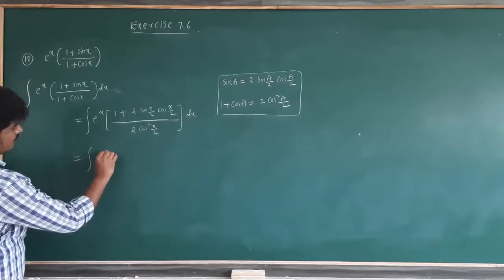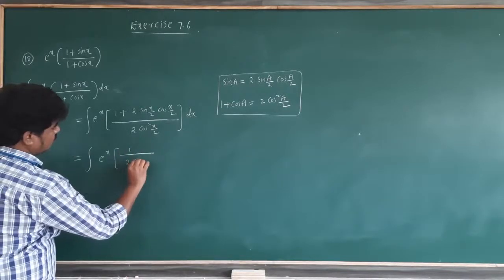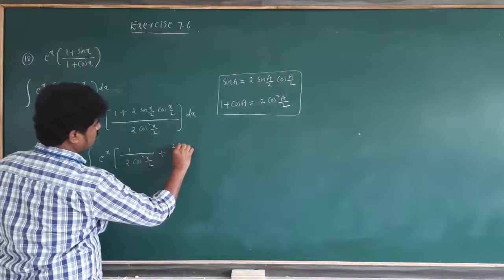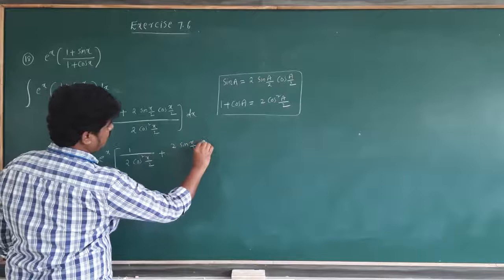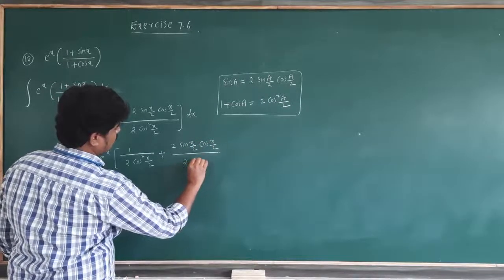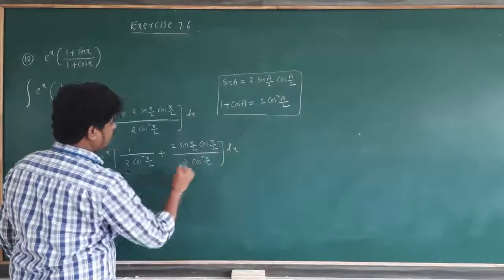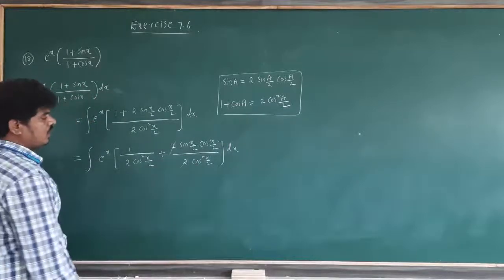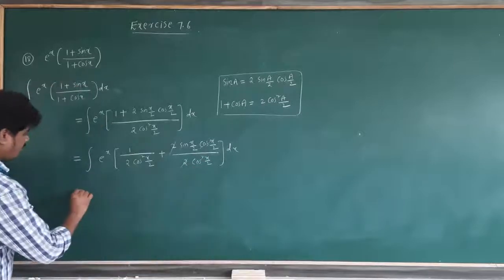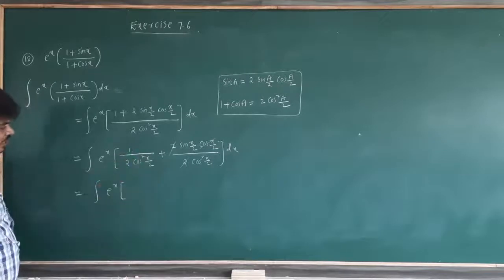Integral of e to the power of x into 1 divided by 2 cos square (x/2) plus 2 sin(x/2) cos(x/2) divided by 2 cos square (x/2) dx. Here we can cancel this 2, and one of the cos(x/2) gets cancelled.